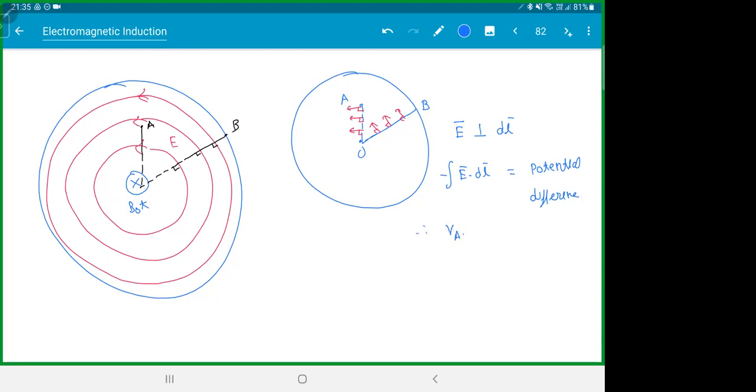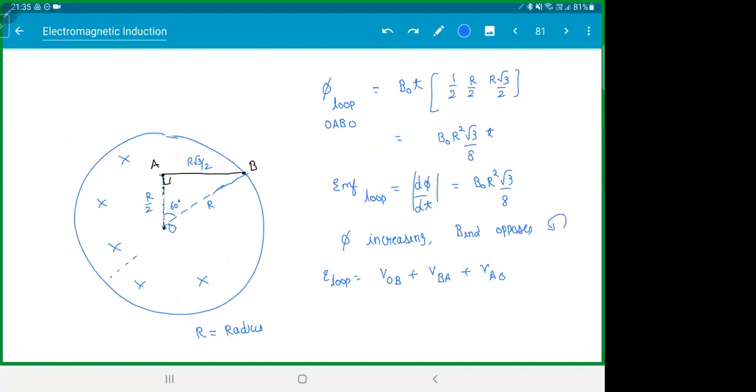Therefore, VOA and VOB are 0. Is this making sense? Because the field is always tangential, you cannot have potential difference in OA and OB. Question ho gaya na? That means this term is 0, this term is 0. So VB minus VA is the EMF in the loop, which is B naught R square root 3 by 8.